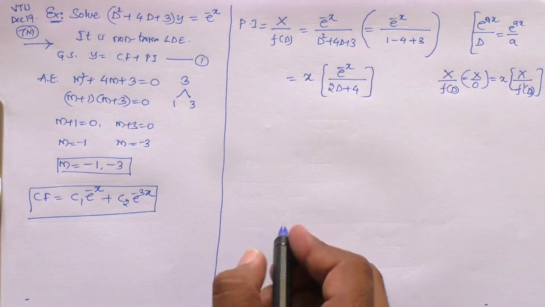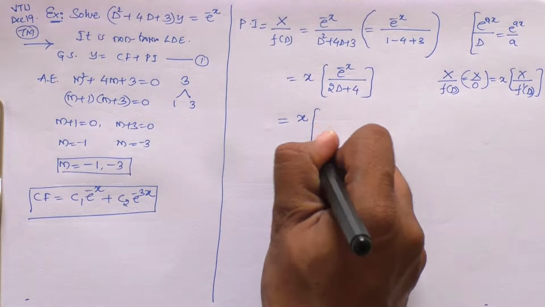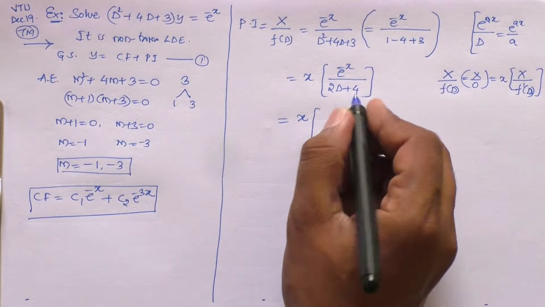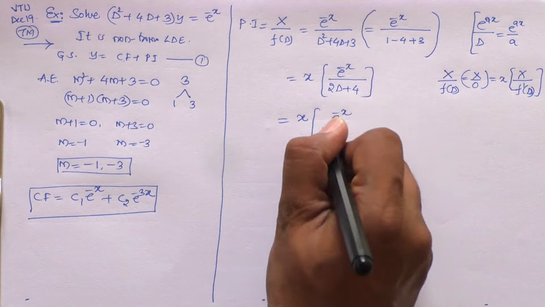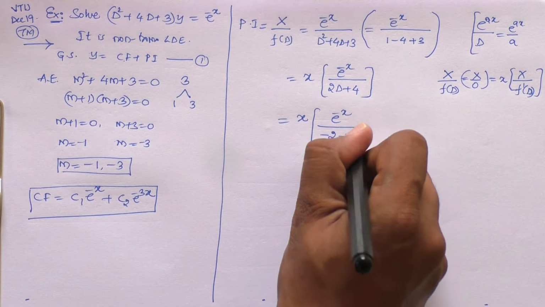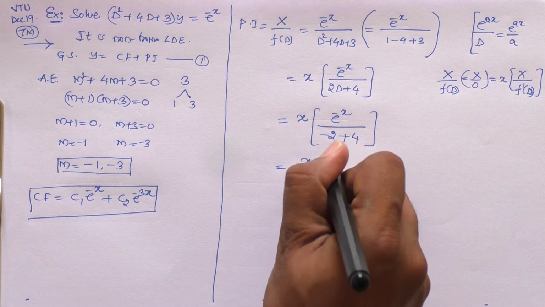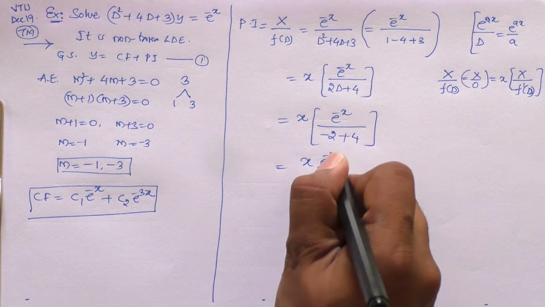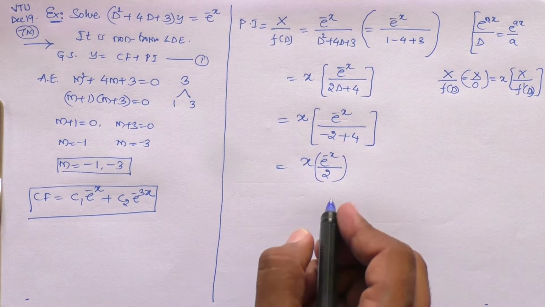Like this we can write it. Now let us go further. So e raised to minus x divided by the D term. Replace D again by minus 1. So minus 2 into minus 1 is minus 2, plus 4. So now x e raised to minus x divided by the denominator, 4 minus 2 is 2. So this is how we get PI.